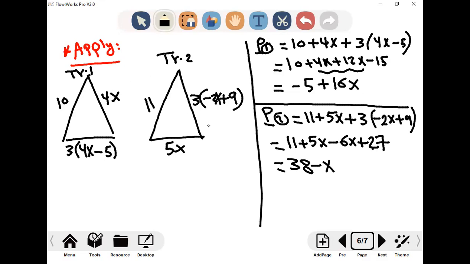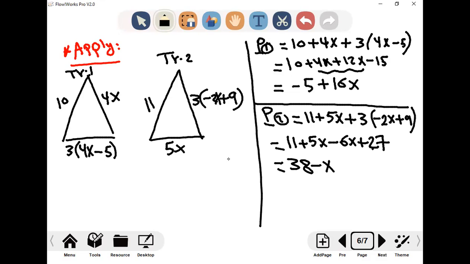This is the perimeter of triangle 1 and this is the perimeter of triangle 2. But the question did not end yet. Continue reading. First they said find the perimeter in simplest form, we did the perimeters.